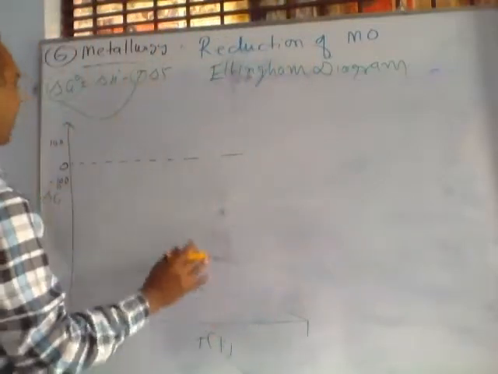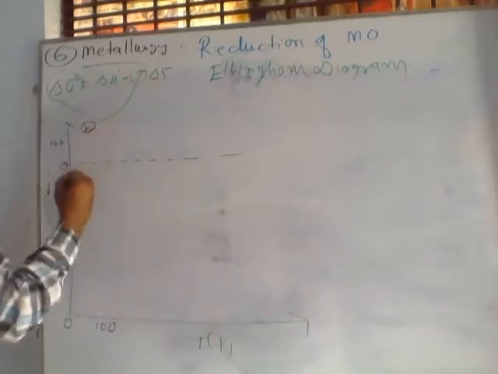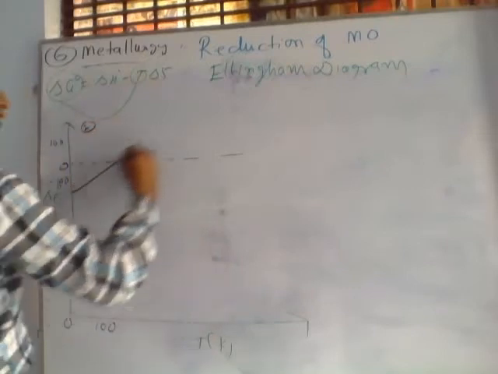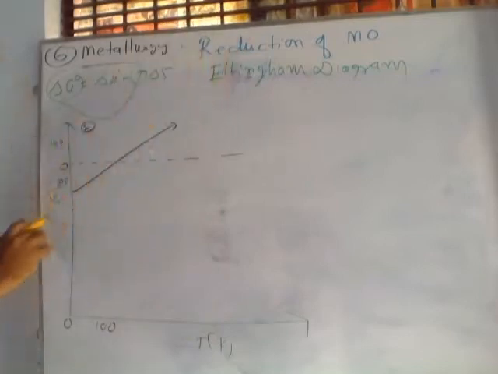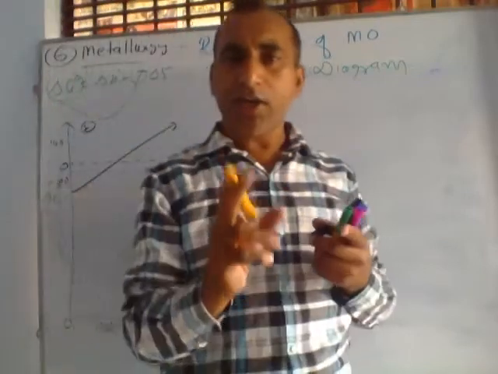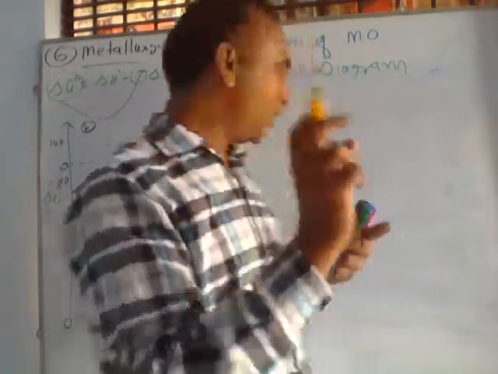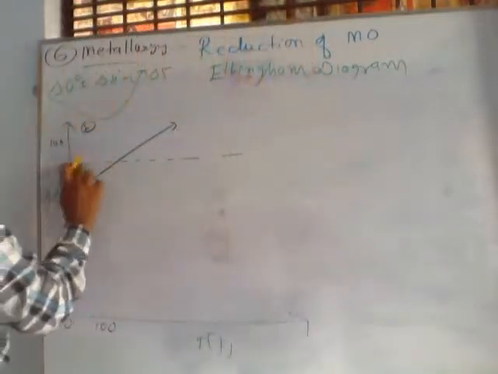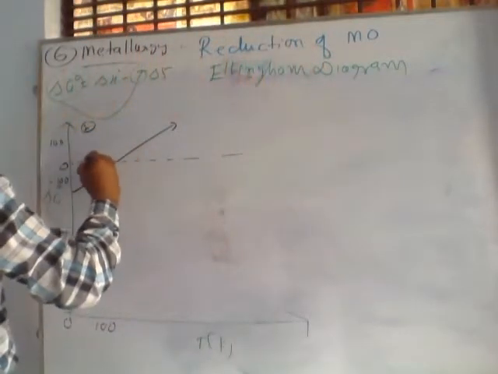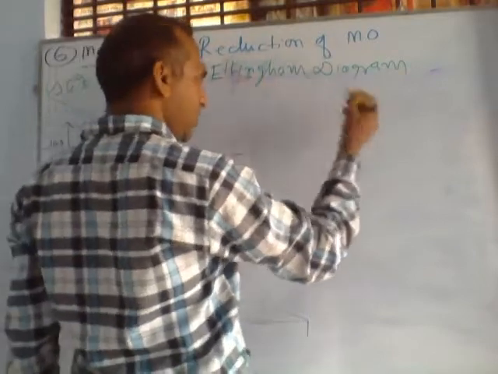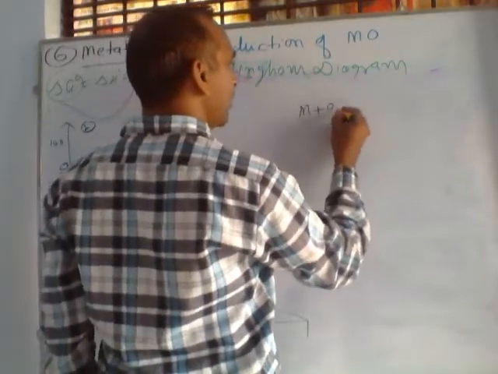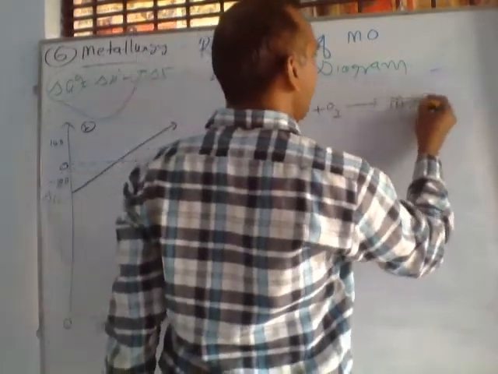So in the Ellingham diagram, number 1, for some metals the straight line goes upward and crosses the value of 0, here the value of del G 0. This whole graph is used for the reaction of a metal reacting with oxygen, forming metal oxide.